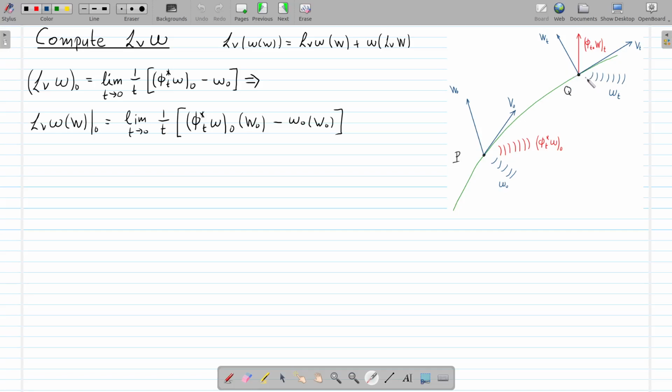And if we have the one-form omega t, which is the value of the one-form field omega at the point Q, this can be pulled back to the point P to obtain the one-form phi star omega. Then this can be compared to the value of the field omega 0 at the point P, and this way we can take the difference and compute the derivative.